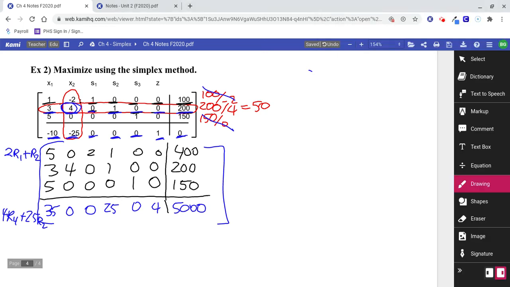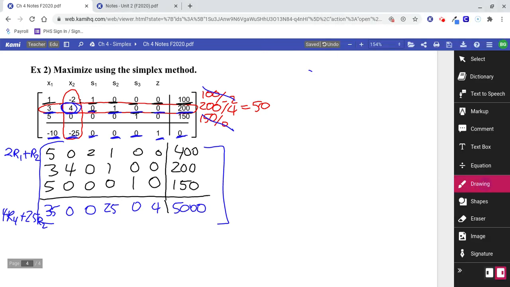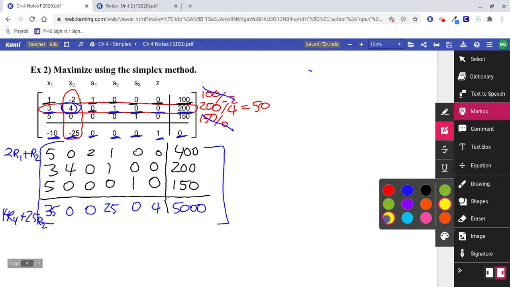The last thing that I would want to do here is read the solution. We should be able to read the solution because we can see our basics and our non-basics. Our basic variables are here, and our non-basic variables are going to be 0.